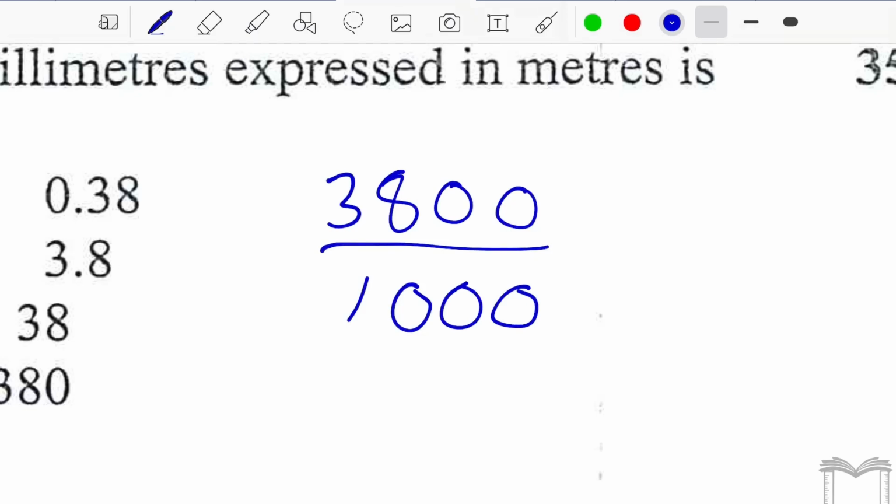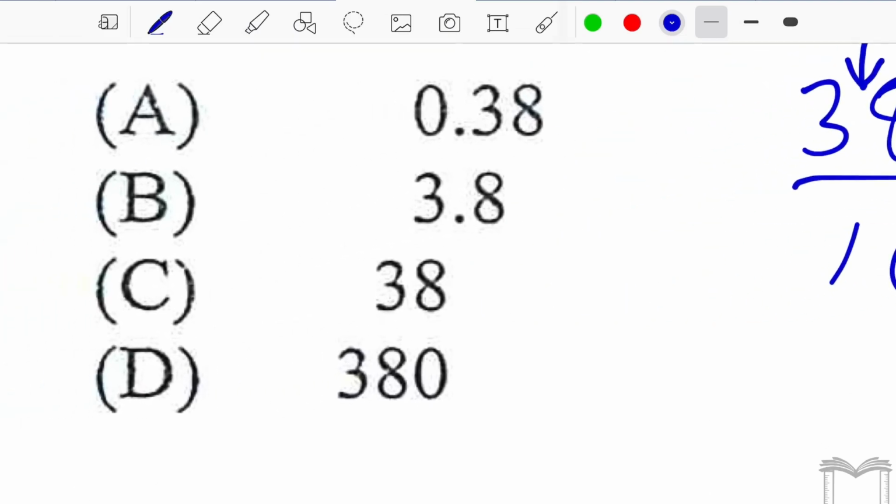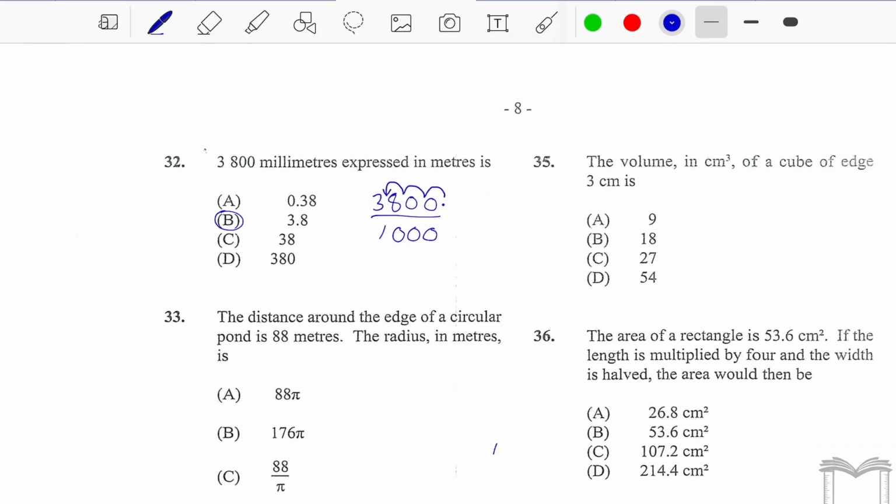So we can simply move the decimal point. The decimal point is understood to be at the right end. We need to move that point 3 places to the left. 1, 2, 3. So the answer is 3.8 meters. So the answer is B.